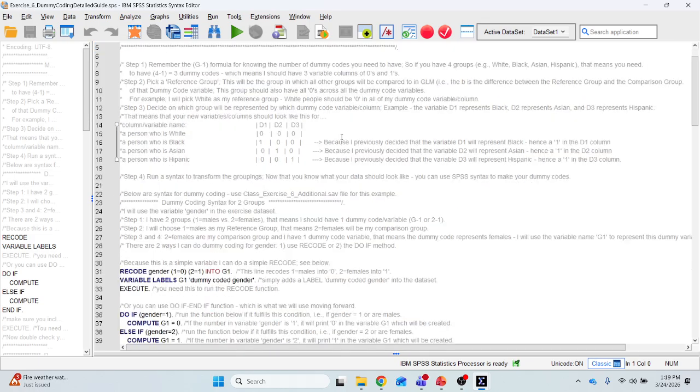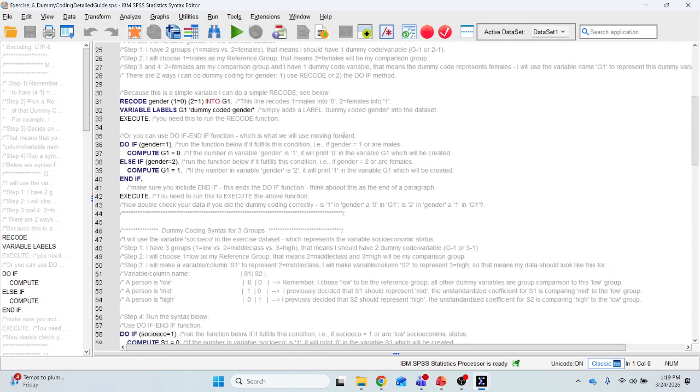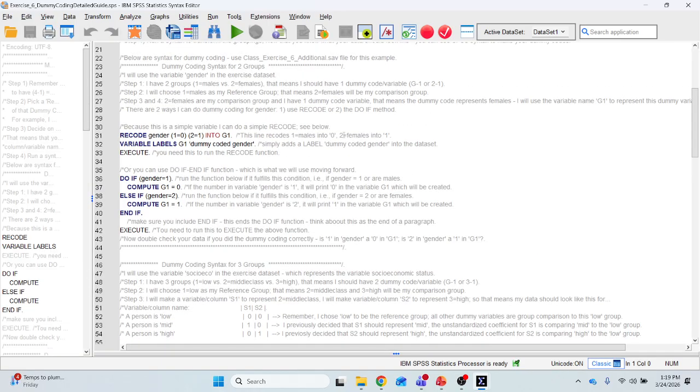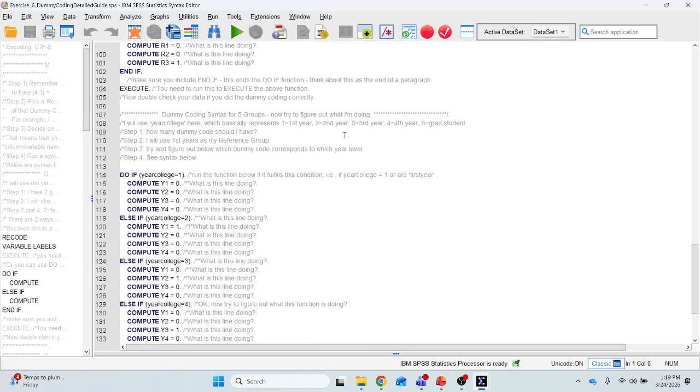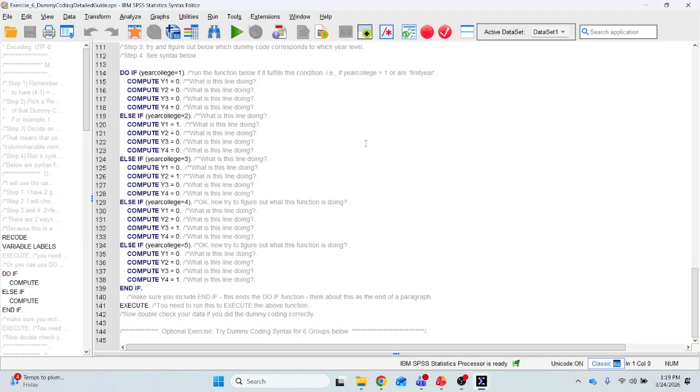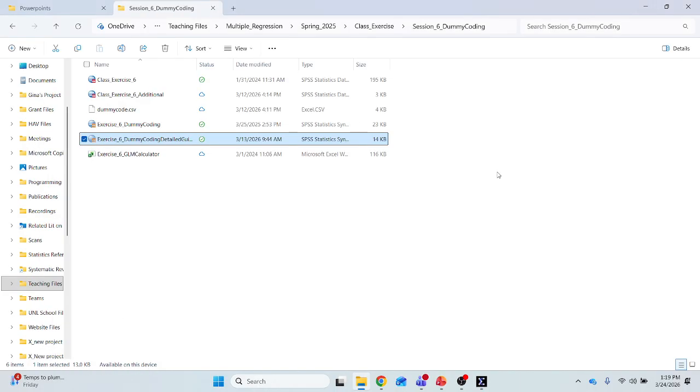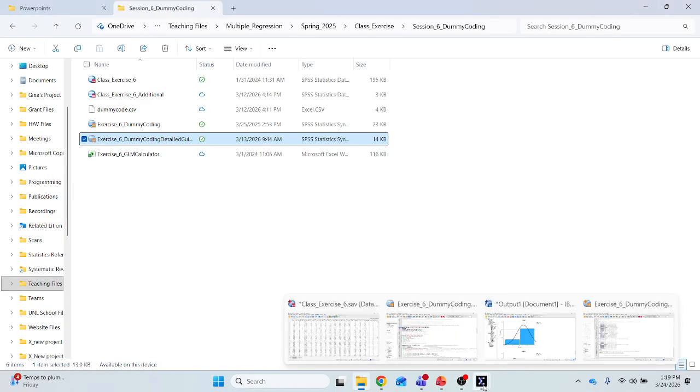I have you there my love letter on how to do the coding. It's a long-ish read, but it's a step by step on how to do these things. 2 groups, 3 groups, 4 groups, maybe 5 groups. Once you have 5 groups, I hope that you already got the gist of what it's doing.